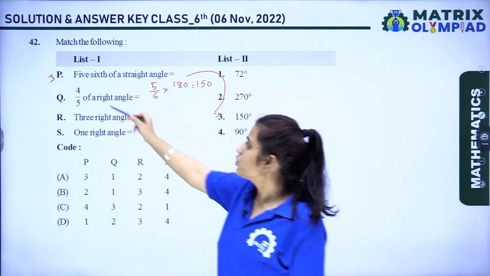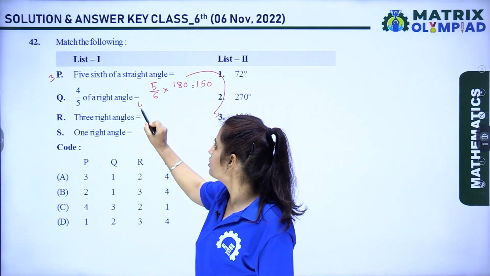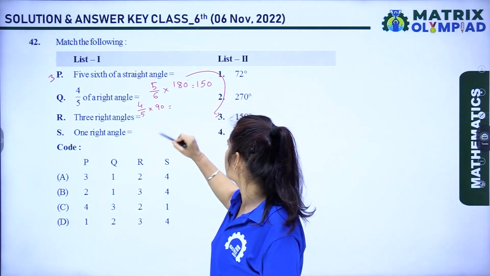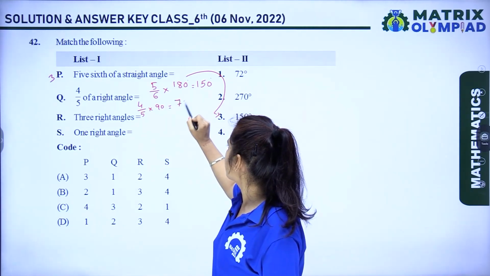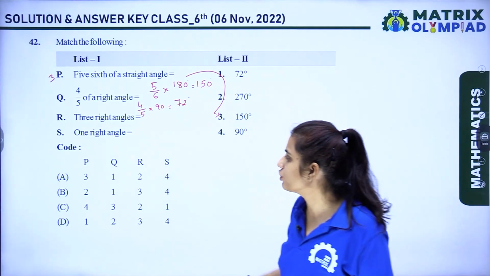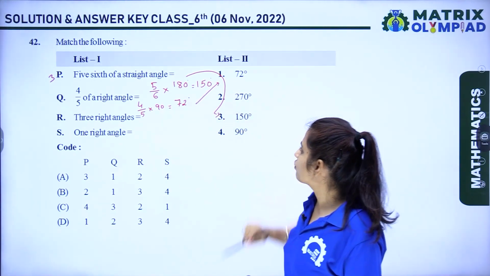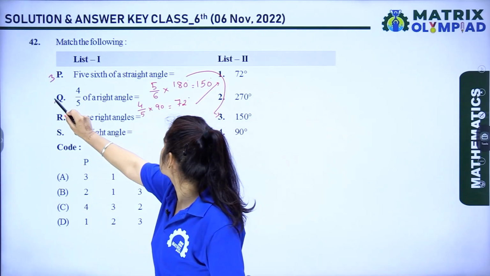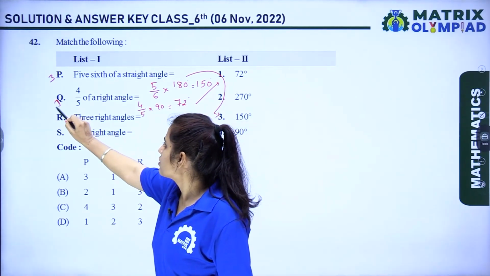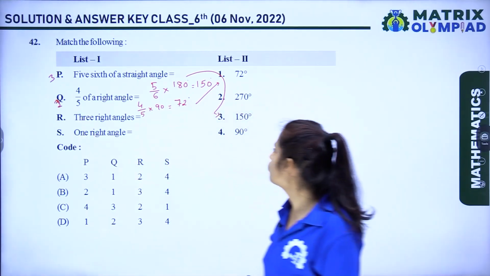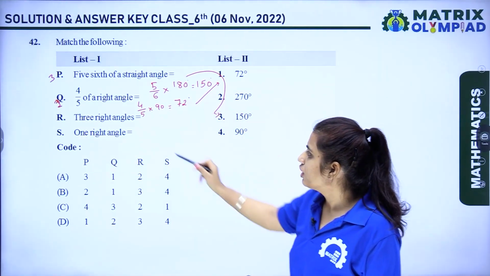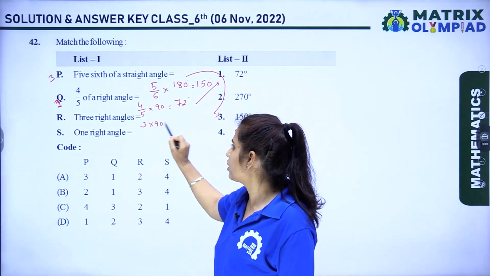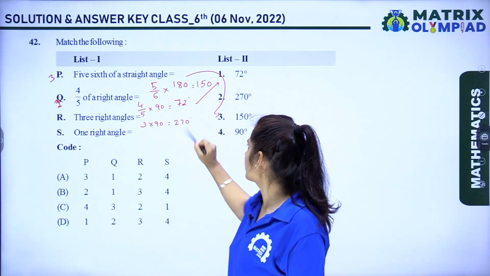Now Q is 4/5 of a right angle, means 4 upon 5 multiplied by 90. So we will get 72 degree after the calculation. So it is going to match with part first of list 2. So the answer of Q is 72 degree, that is first in list 2. Now 3 right angles means 3 multiplied by 90, which is equal to 270 degree.